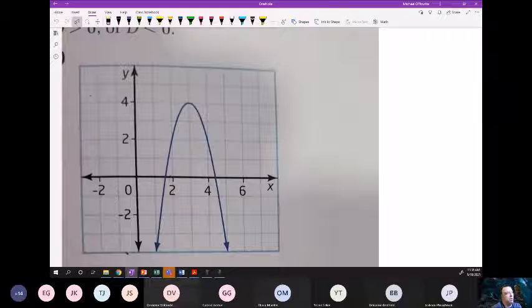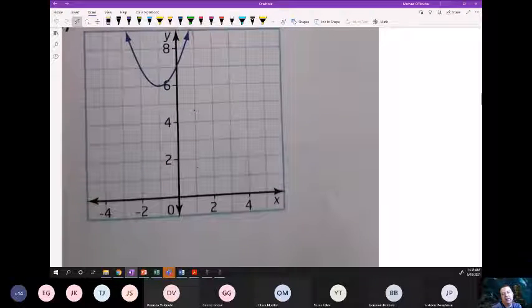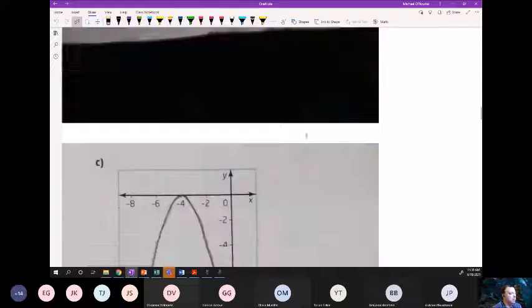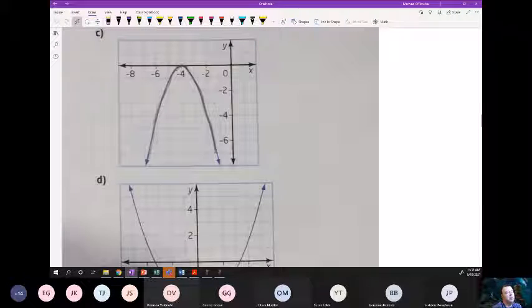Positive, good. How about this one? Positive, negative, or 0? Here's that parabola. Good. Not a 0. C would be an example of one that has a 0, because how many times does it touch? Only at one spot. That'd be a 0.